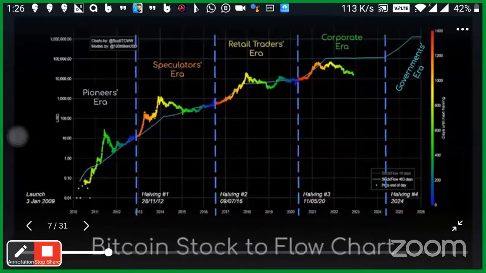This is called the Bitcoin stock to flow chart. It shows the growth of Bitcoin from the point it started till today, and what the trend of its growth is.